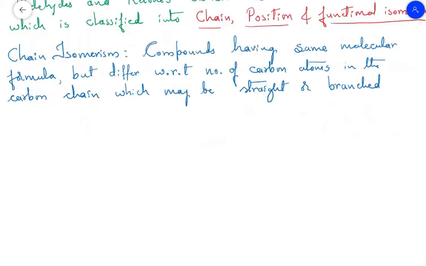Let us have the discussion on chain isomerism. Two or more compounds having the same molecular formula but differing with respect to the number of carbon atoms in the carbon chain, which may be straight or branched, is called chain isomerism, and the two compounds are called chain isomers.